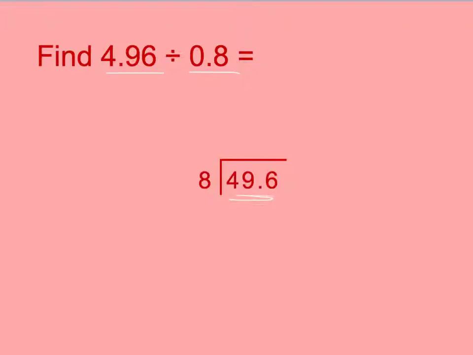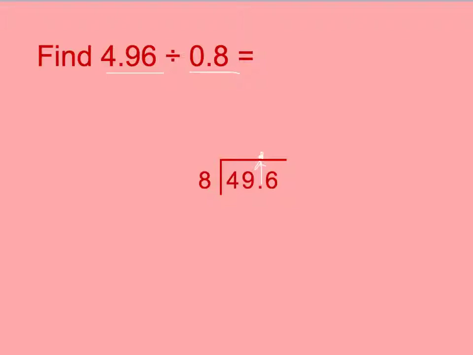We take that decimal, just like we would in a normal problem, and move it straight up into our quotient, right above where it is in the dividend. Then we're just going to ignore it and divide normally, as if this was 496 divided by 8.